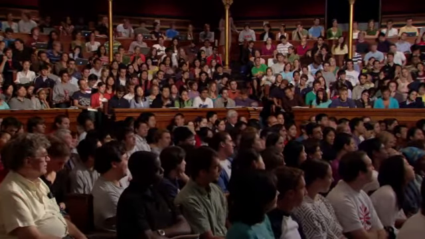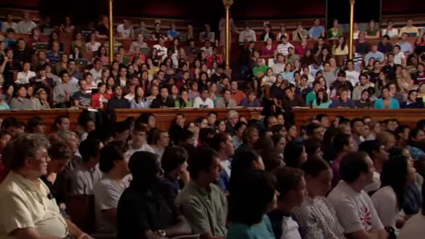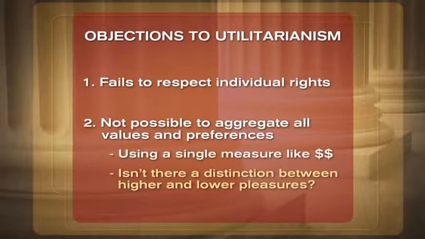But there is a second aspect to this worry about aggregating values and preferences. Why should we weigh all preferences that people have without assessing whether they're good preferences or bad preferences? Shouldn't we distinguish between higher pleasures and lower pleasures?